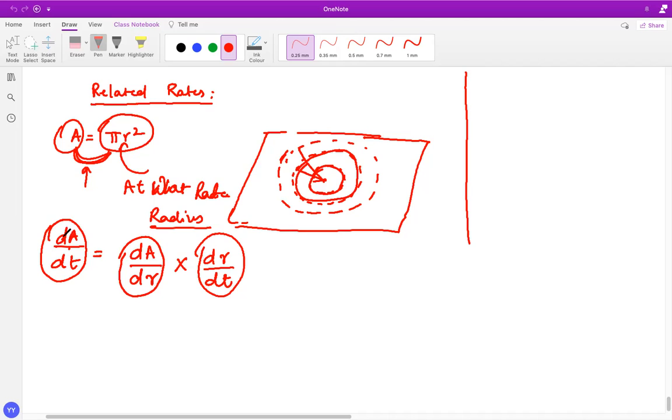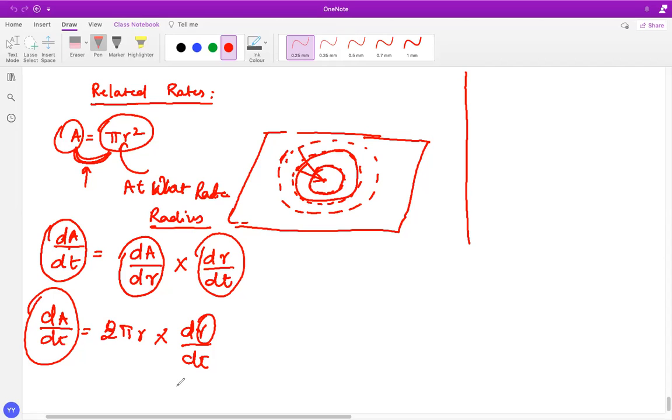So in this case, dA by dt is going to be 2 pi r times dr by dt. This is the relation for the rate at which area is changing with respect to the radius of the circle and with respect to time as well.